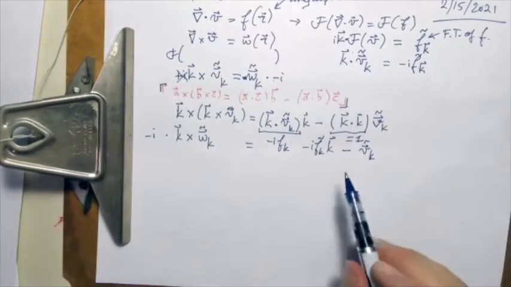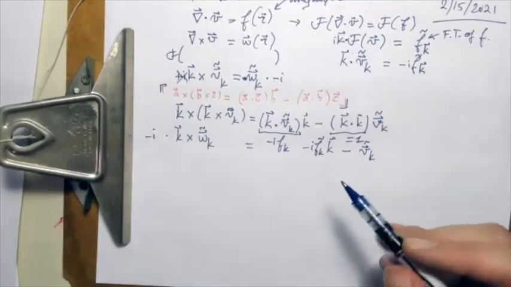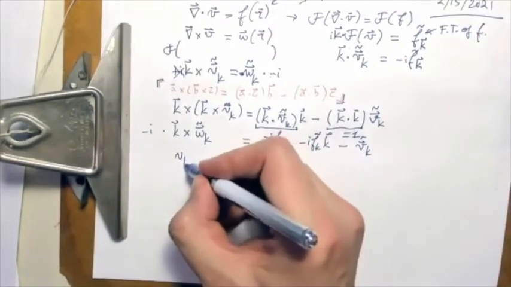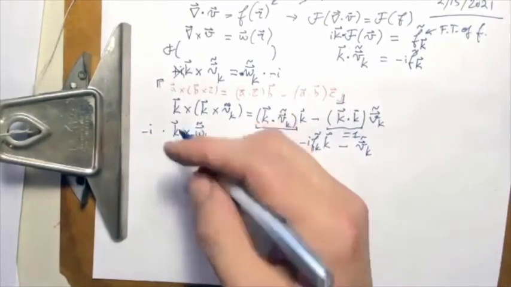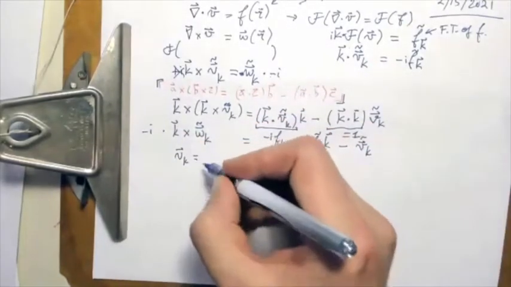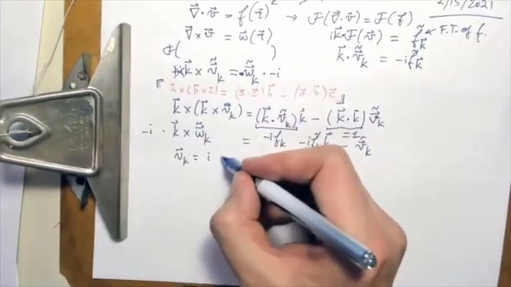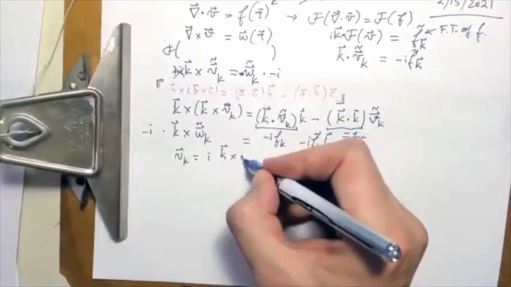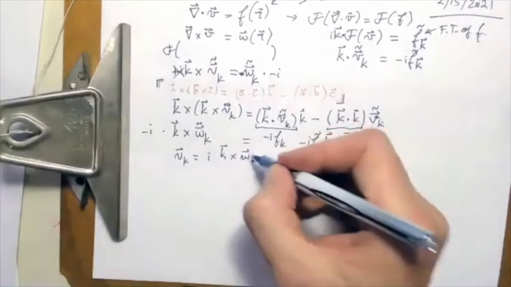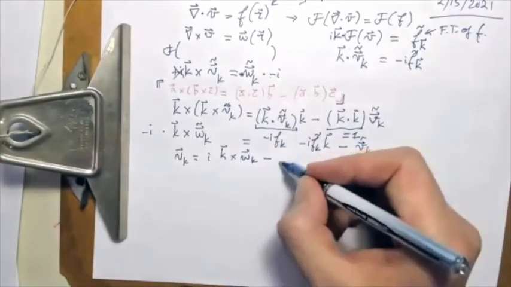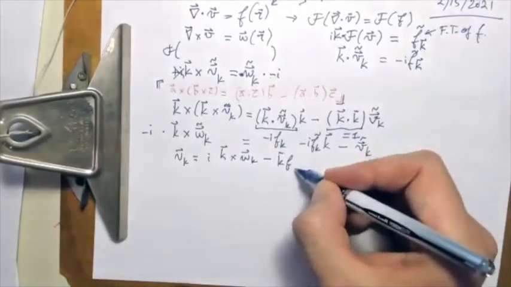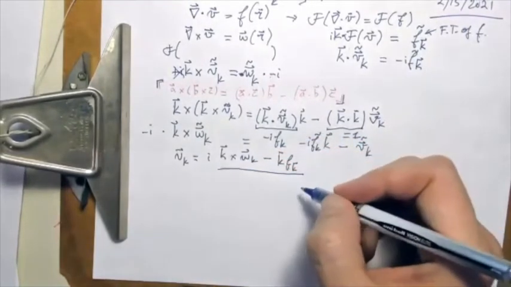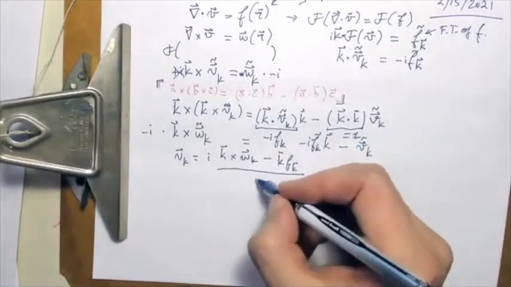So if you now simplify this, you can pull out your v of k. That's your field that you're trying to solve for. And now you have just I, k with w, k minus k f, also of k, divided by k squared.